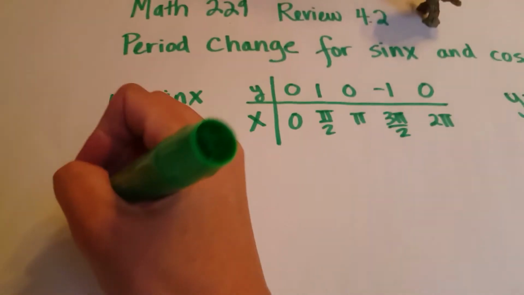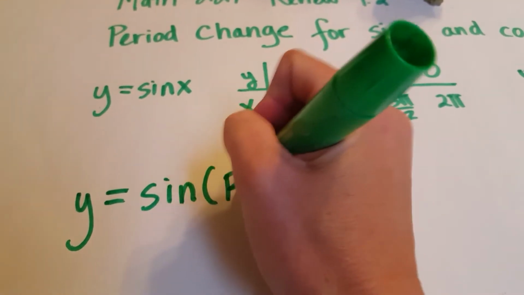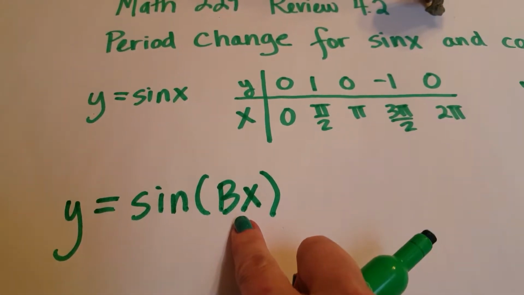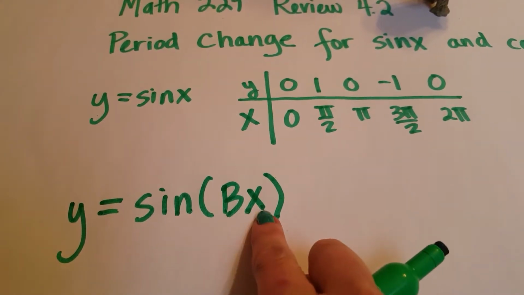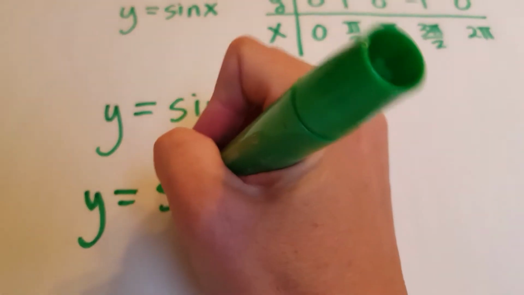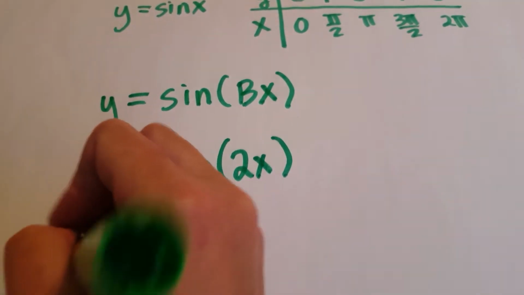The form of that equation is when you have a multiplication inside with the x. So here it'd be b times x. Now that b could be a 2. It could be a 4.